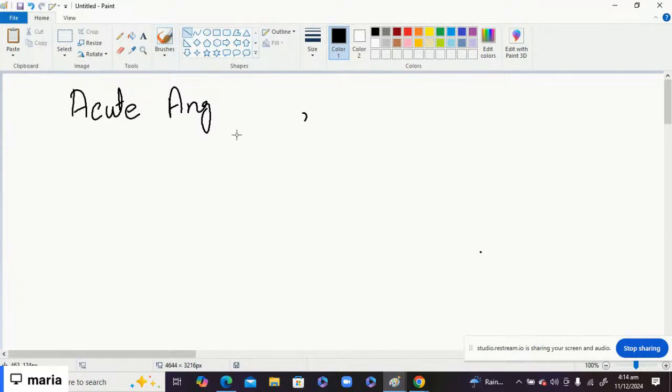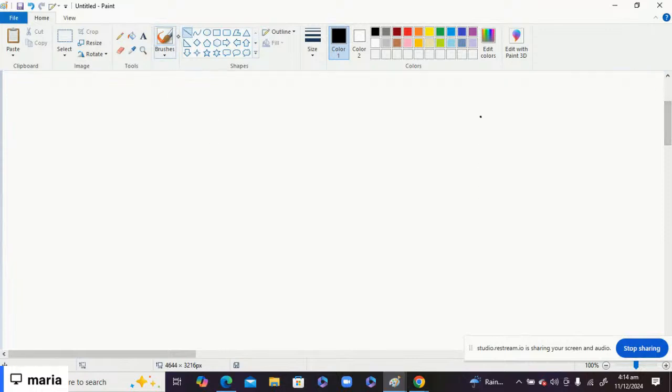First of all, look at here. What is the right angle? Look, these two straight lines, and here the angle which is 90 degree. Got it? So this is called the right angle.